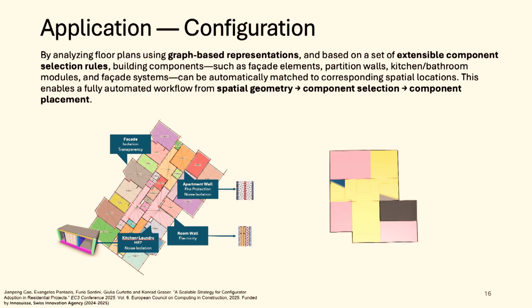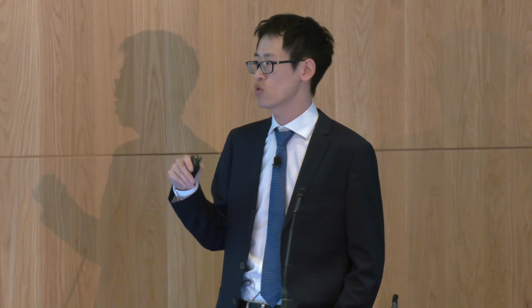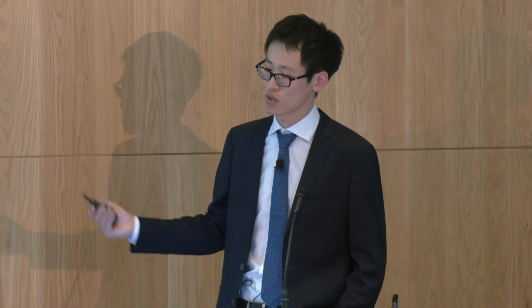To enrich the semantics, what I mean is you analyze the floor plan, select the appropriate products from the kit part library, and match them with the developed 3D geometry. This is done by graph-based rules. If you remember, we talked about the room layout graph, which stores not only the room properties but also the room-to-room relationships.